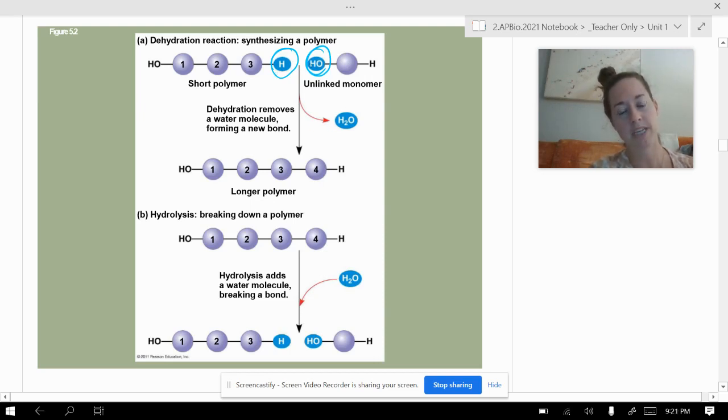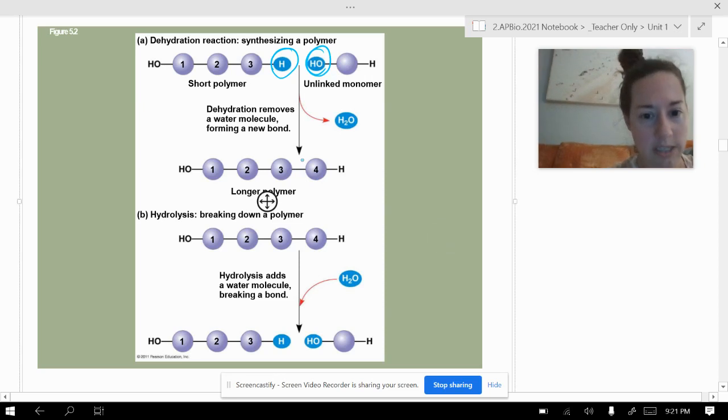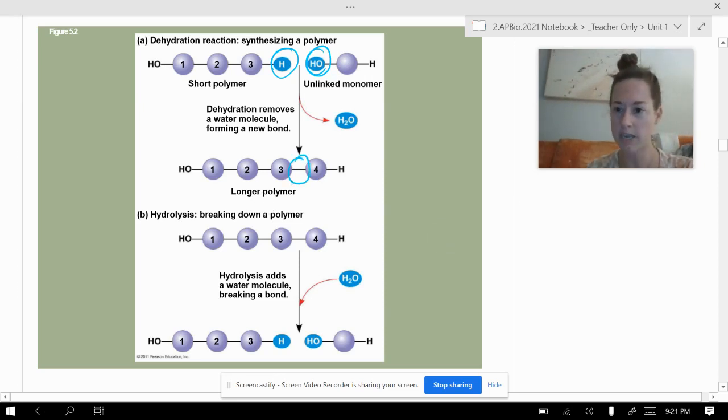These things bond together, they attract, they create a water that opens up this bonding site where 3 is and this bonding site where what's going to become 4 is. So here it goes. They stick together because they need to be stable. They need to stick to something. So that now you have a polymer.